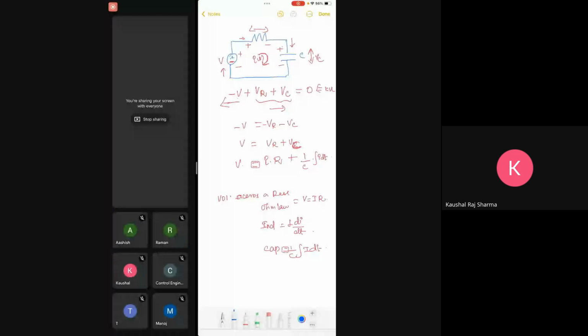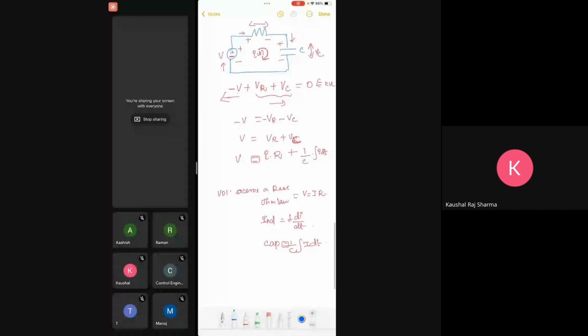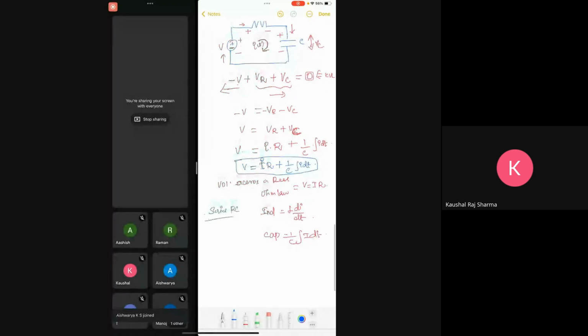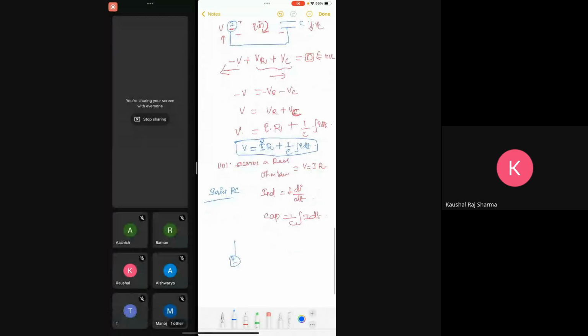So the overall circuit equation becomes I dt, right? So just replace this capacitance with an inductor and try writing your own equation. It will come as V equal to IR plus L di by dt.